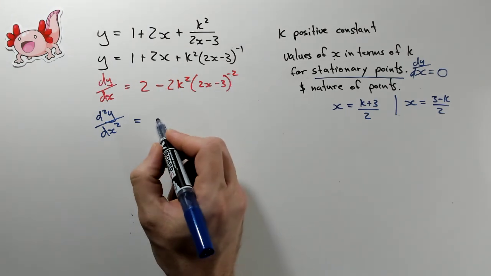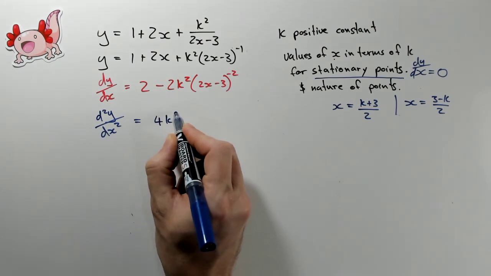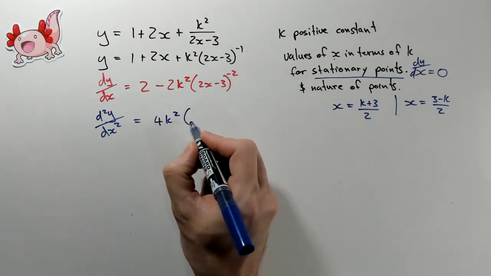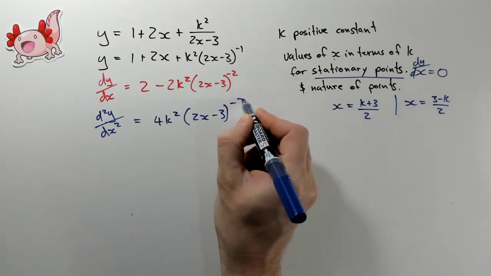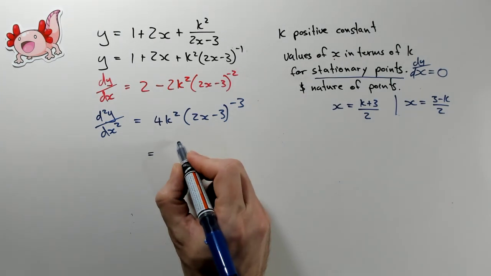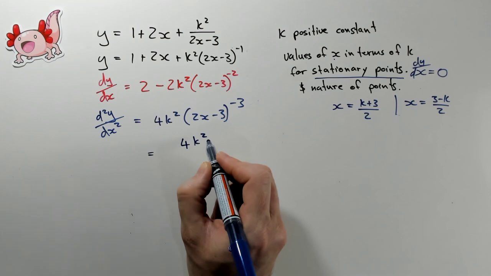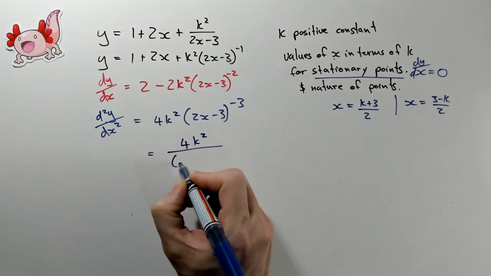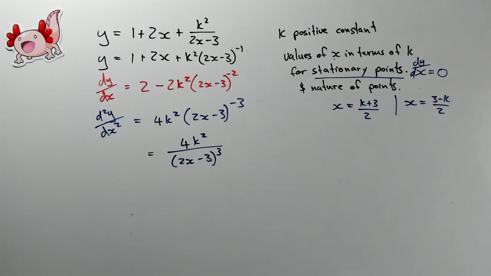Negative 2 times 2 is going to be 4k squared, and this is going to be 2x minus 3 to the third power. And I'm just going to rewrite this nicely, 4k squared over 2x minus 3 to the power of 3.